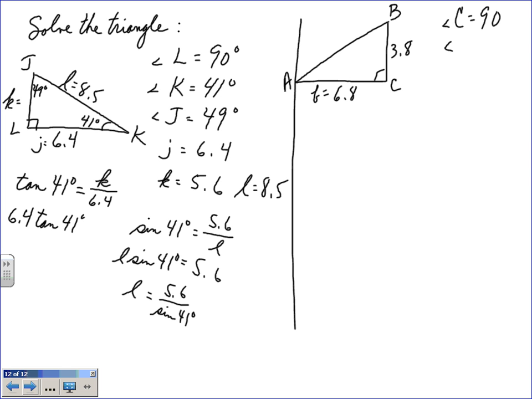I'm looking for angle A, angle B, and we're going to have to round these, I think. And I'm looking for side C, side A, which is 3.8, and side B, which is 6.8. Solve the triangle.